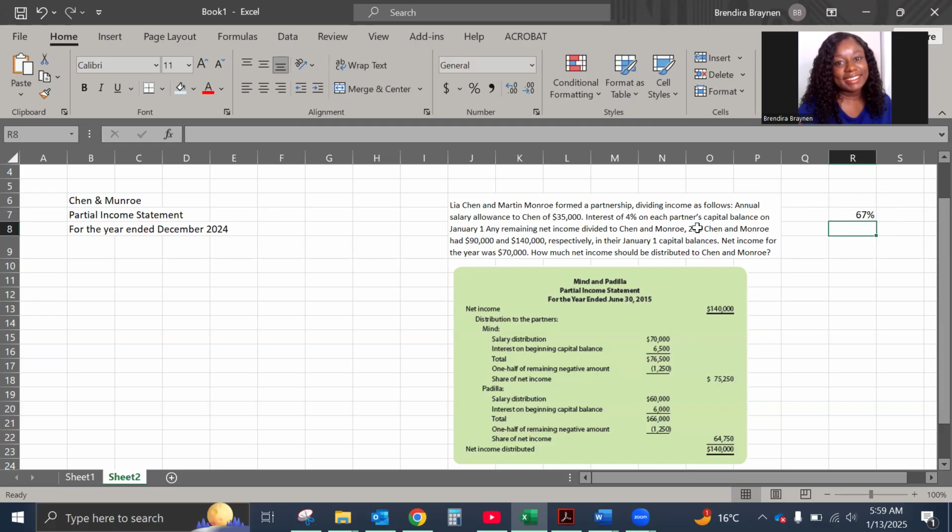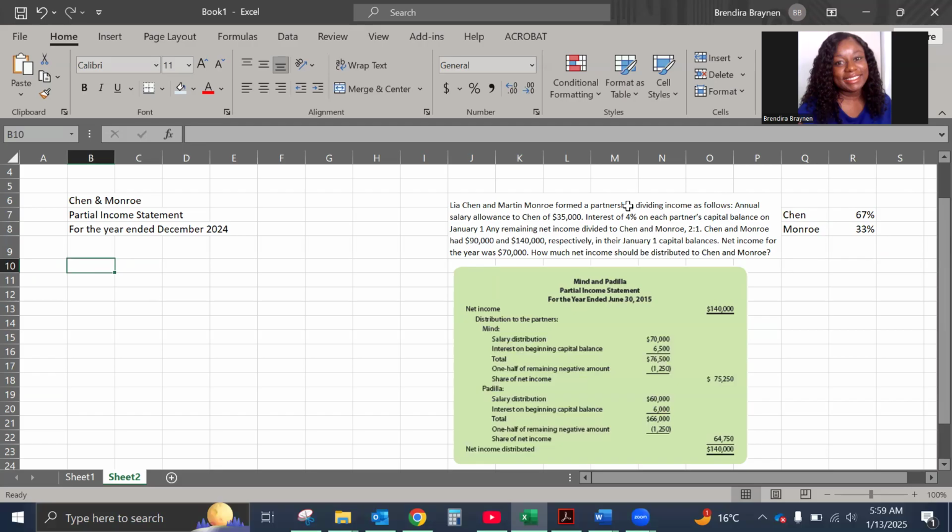And then Monroe is going to get the difference, so 1 minus 67% means that Monroe is going to get 33%. So that's how we work those ratios. Chen is getting this, and Monroe is getting that percentage. And that's only of the loss or the profit at the end, after we've done all of the other things.